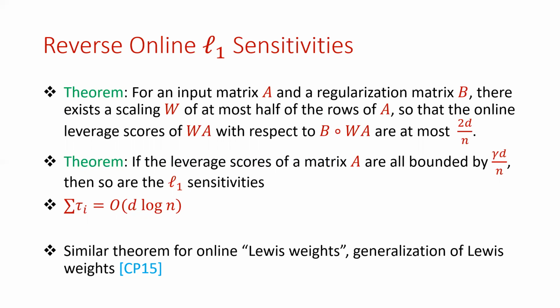Then we can show that the sum of the online sensitivities is roughly d log n, where I'm omitting some condition number terms. We actually show a similar theorem for online Lewis weights, which is a generalization of Lewis weights, which is another way to get L1 subspace embeddings. This is an approach that was previously considered by Cohen and Peng.